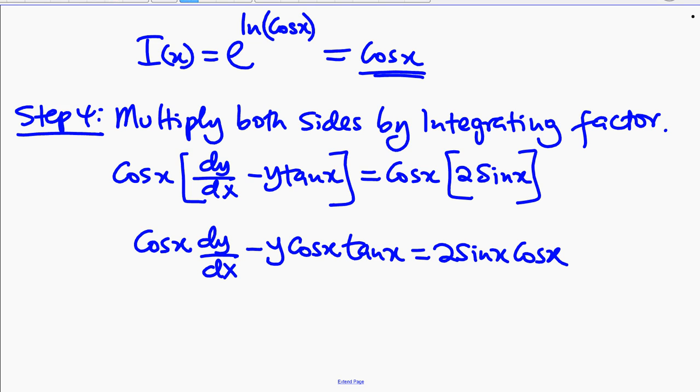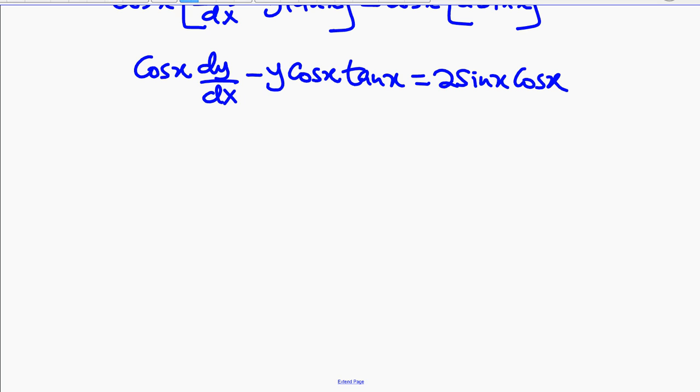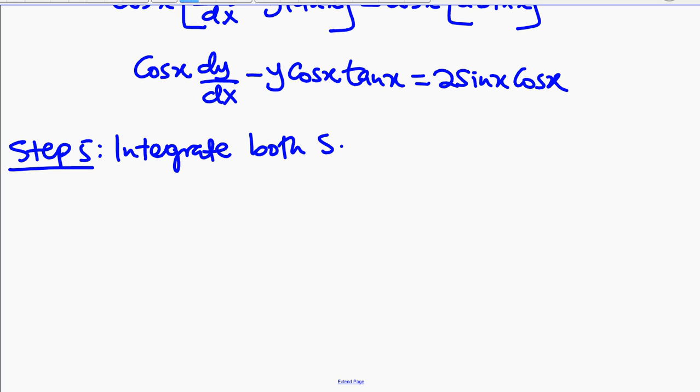And then step 5 will be to integrate both sides. Which means we are going to integrate this side with respect to x.